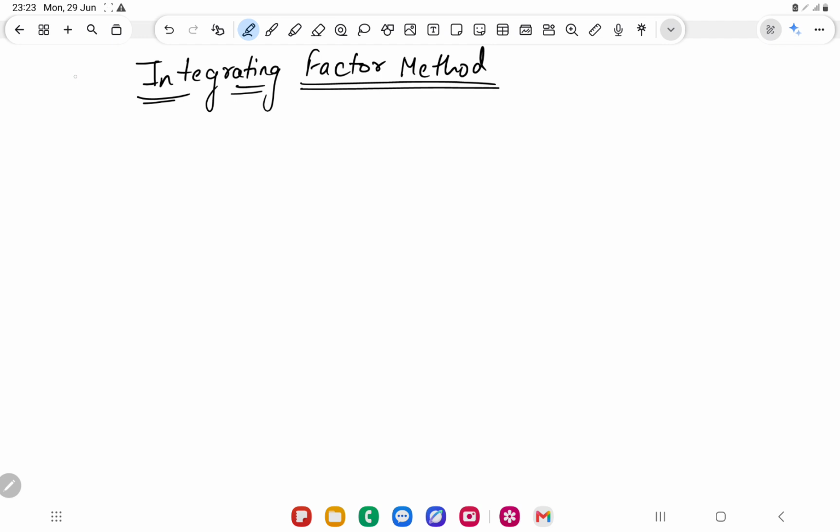Now another very important method is the integrating factor method. You will definitely get a question from this method. So if you have any differential equation of the form dy by dx plus something p, that is a function of x, into y is equal to q of x, this type of equation we can solve only using the integrating factor method.